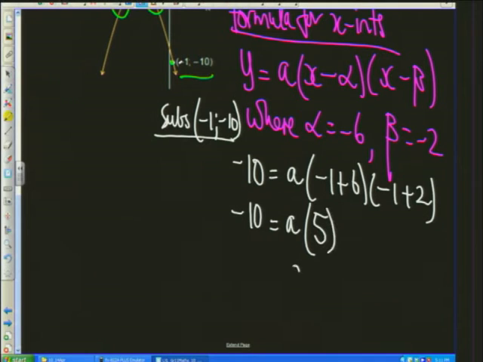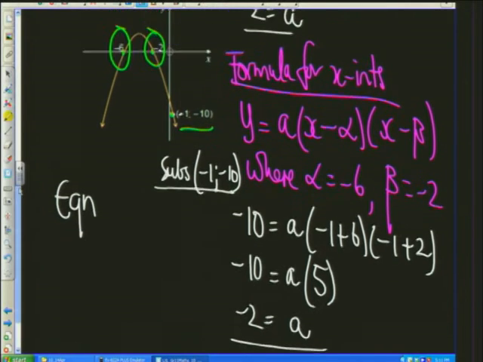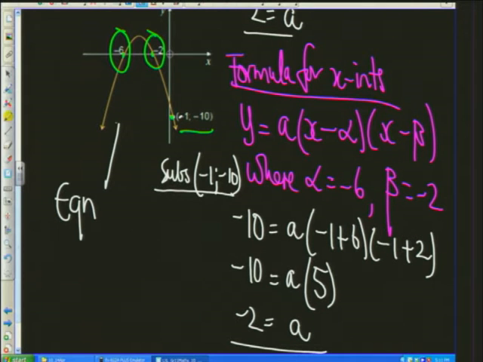So therefore, a is equal to negative 2. So my equation of this parabola over here is y equals negative 2 times x plus 6 times x plus 2.